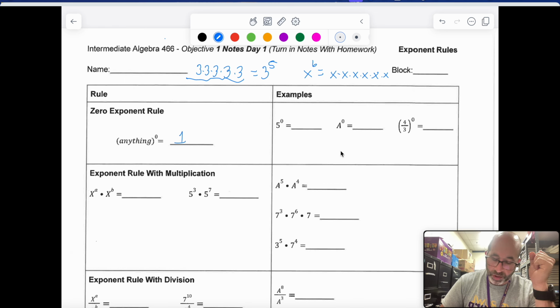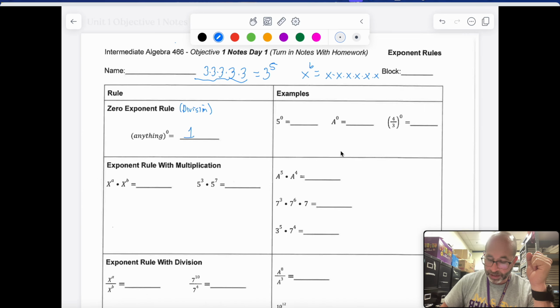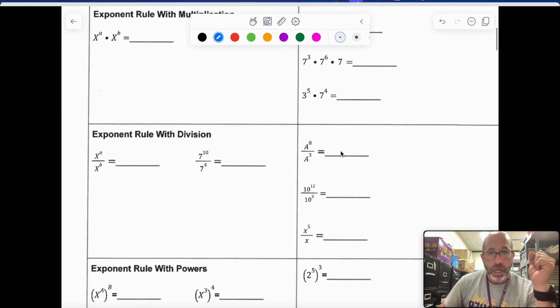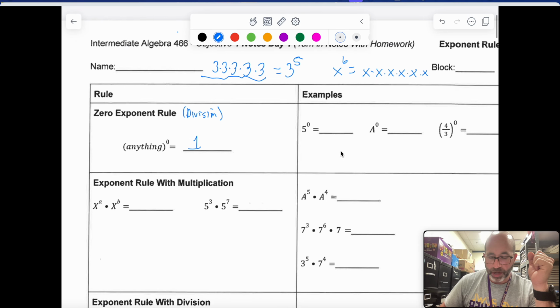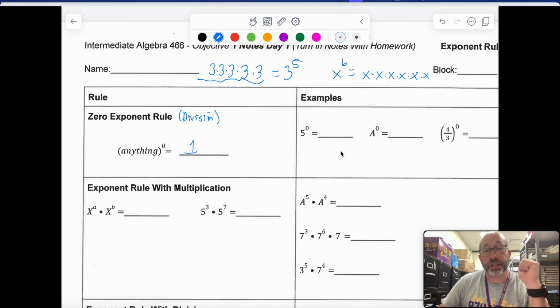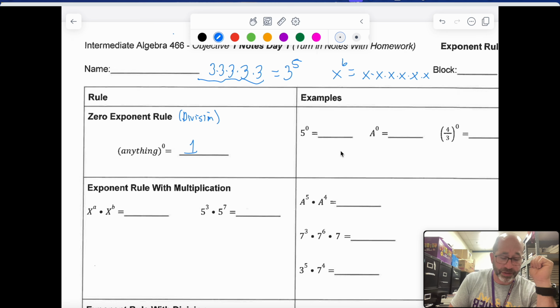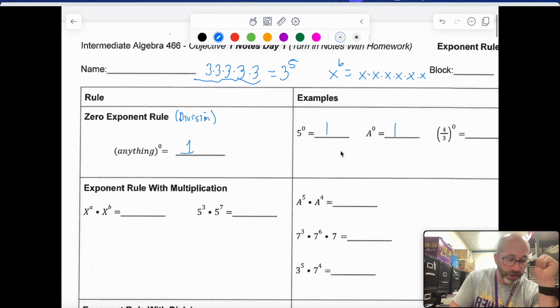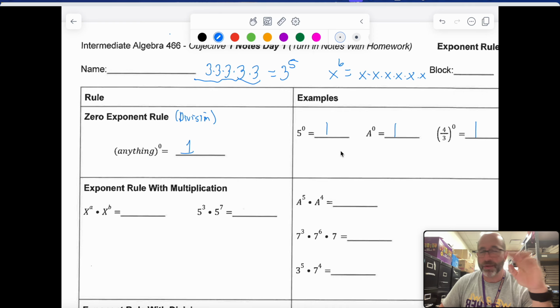That rule actually comes from the division rule, which I'll get to in a second. So 5 to the 0 power equals 1, a to the 0 power equals 1, 4/3 to the 0 power equals 1. Everybody always wants to say it's equal to 0, but it's not. It's equal to 1.